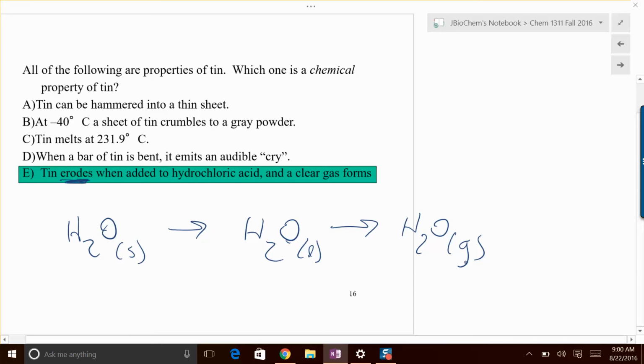Still water molecules, 2 hydrogens and 1 oxygen bound together as a gas. Okay, there's water vapor in this room. There's plenty of it out there. It's very humid, right? But it's just water. And if we cool it, it condenses.